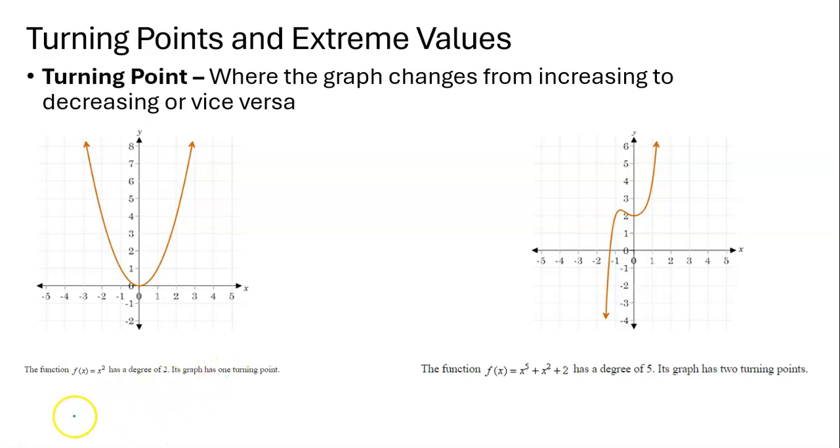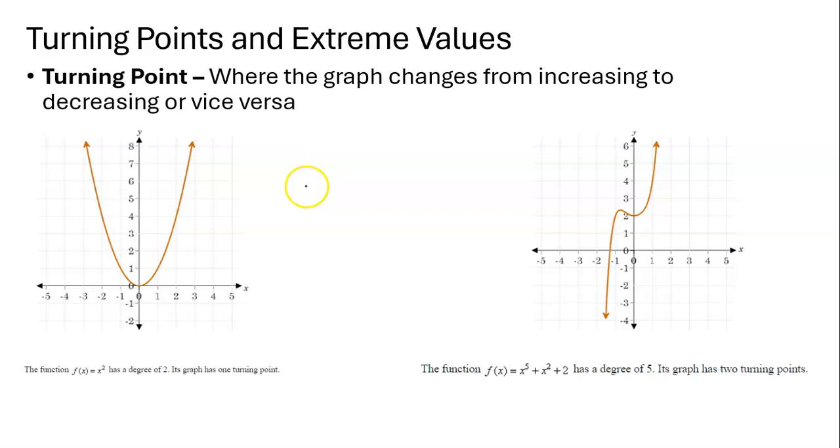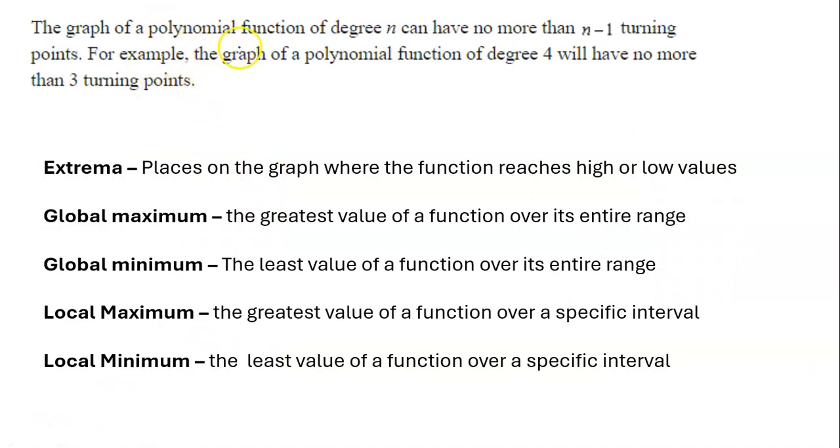Okay, turning points and extrema. Oh wait, we're not at extrema yet. So turning points is just when it goes from increasing to decreasing. So we have a turning point here, and we've got a couple of them here. What's interesting, I think it's on the next page, is that the graph of a polynomial function of degree n can have no more than n minus 1 turning points.